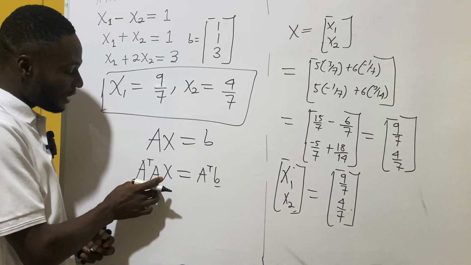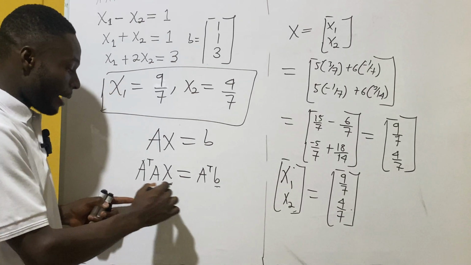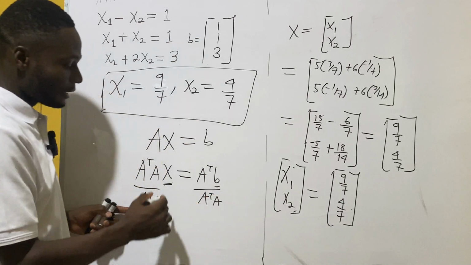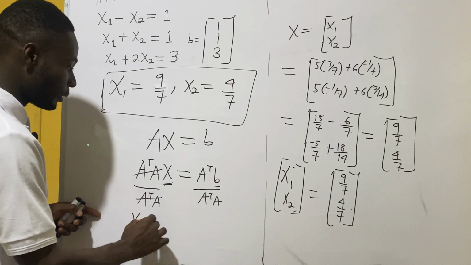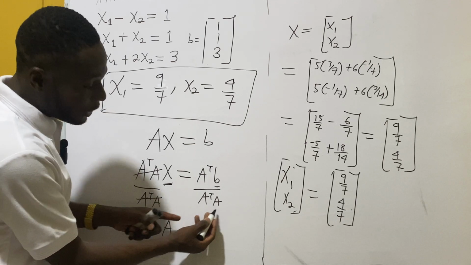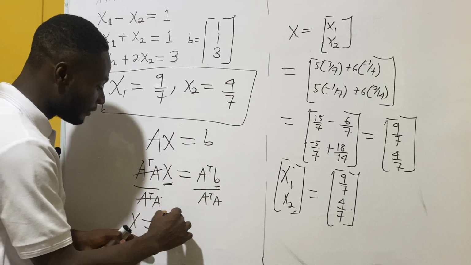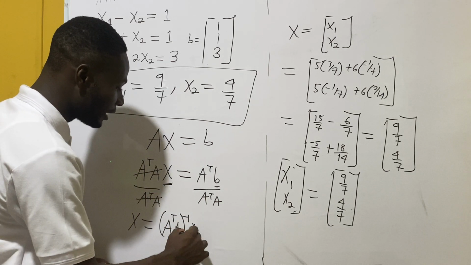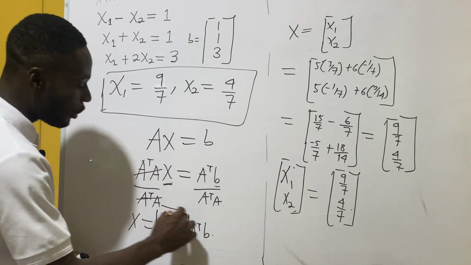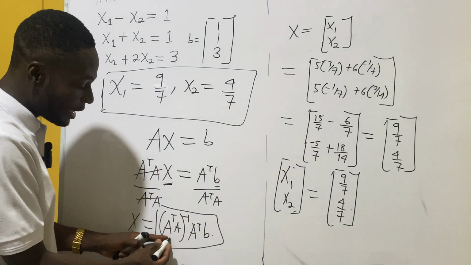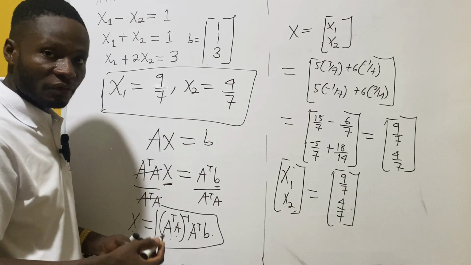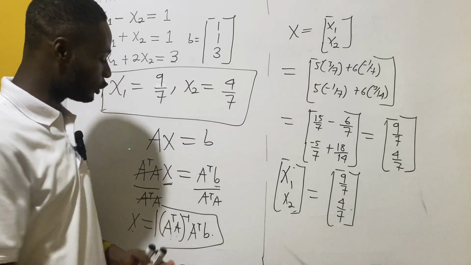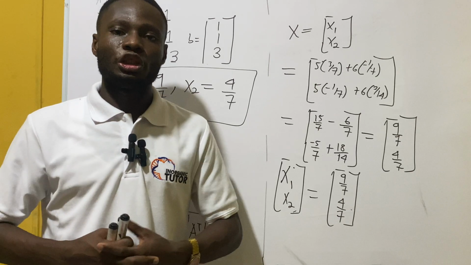To find this, you divide both sides by A transpose times A, and this will go off, and you have X equals A transpose A inverse times A transpose B. So before you can find your X, you have to know the inverse of A transpose times A, times A transpose and times the B. Once you have this information, the rest is your computations.